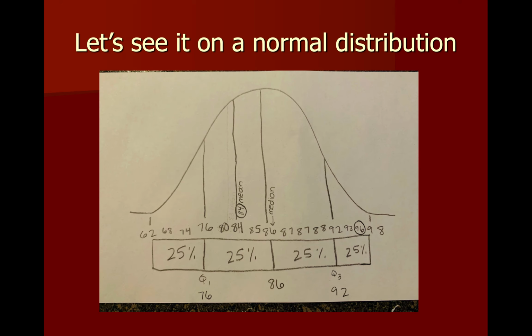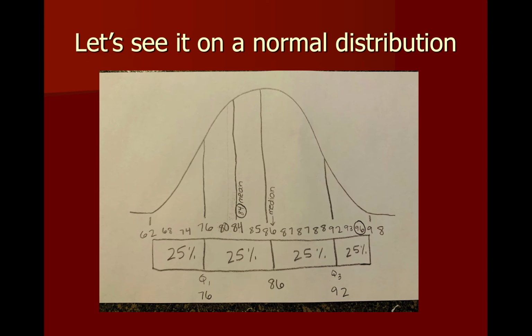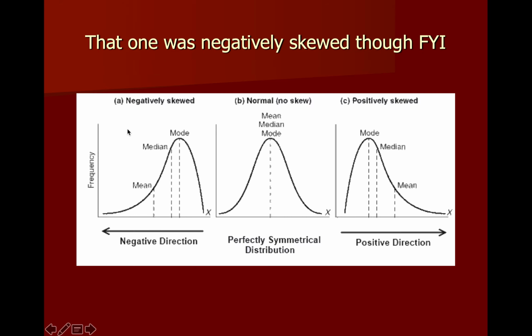And this one is a little bit negatively skewed. You can see the mean, the median, and the mode are not the exact same. The mean is over here, a little bit to the left of the median. So it is a negatively skewed distribution. It's not quite normal, but it's helpful to think about what the shape of the distribution looks like when you're looking at different distributions.